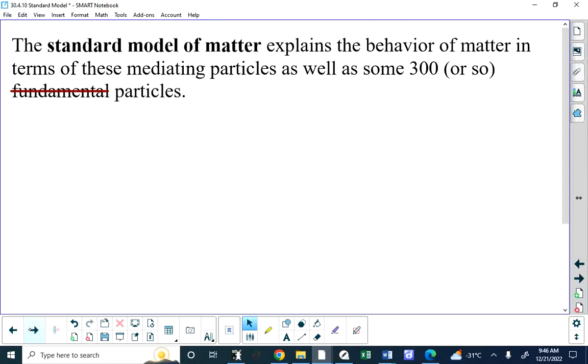And in a while, I'm going to tell you that all of the physical stuff that has heft and mass and behaves certain ways, not the mediating particles and the forces, but the stuff that the mediating particles act on, is made up of only 24 fundamental particles. That's it. So that's a lot more than proton, neutron, and electron, which we thought were fundamental, say, 50 years ago. But there's only 24 truly fundamental particles.